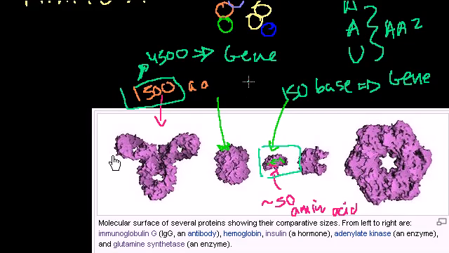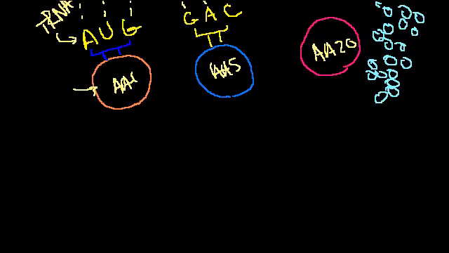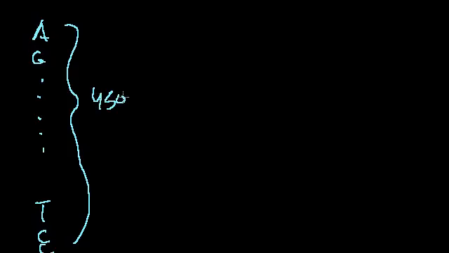Now, not all of the genes make proteins, but all of the proteins are made by genes. So let's say I have just a bunch of, let me just make another, A, G, and it goes down, down, down, and you have a T and then a C and a C, and let's say I have 4,500 of these.